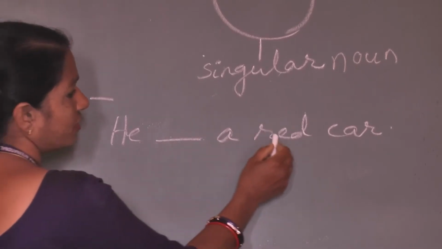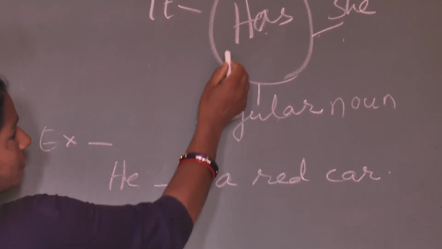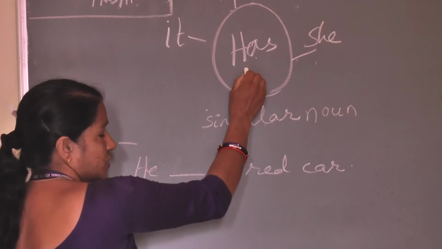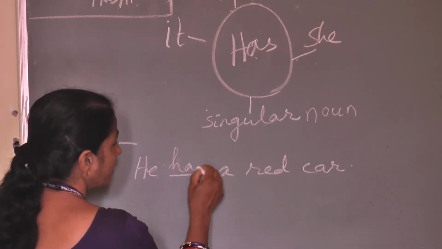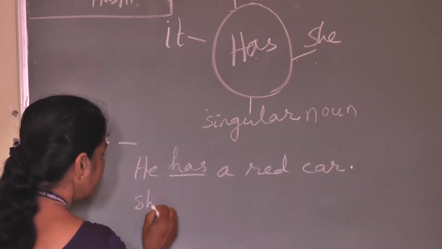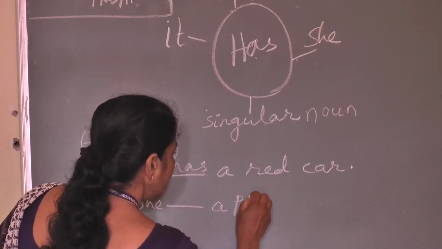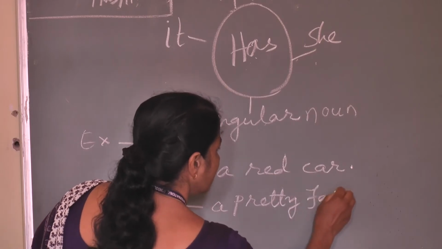He dash a red car. You see what we have used here? For he we have to use has. So you have to write here has. He has a red car. She dash a pretty face.